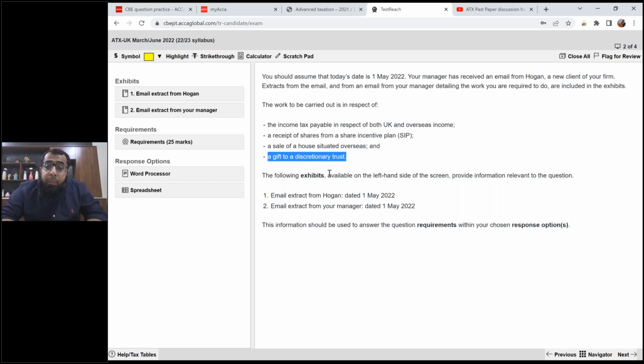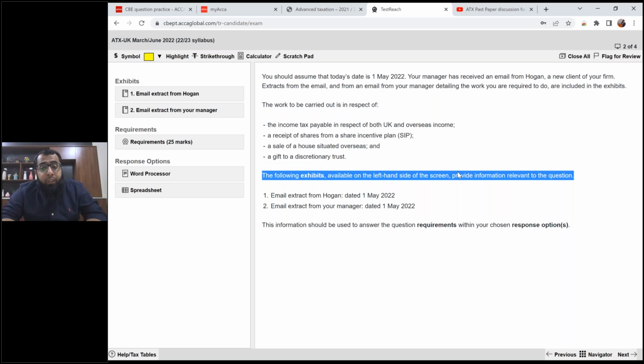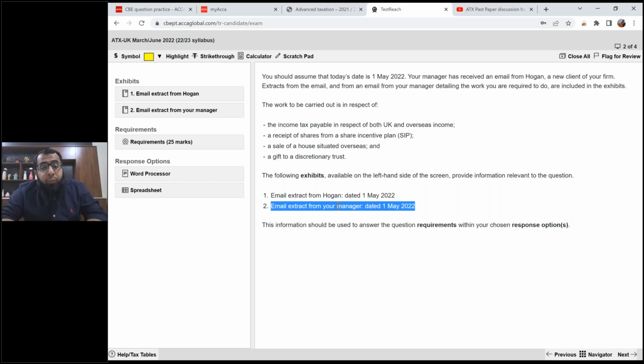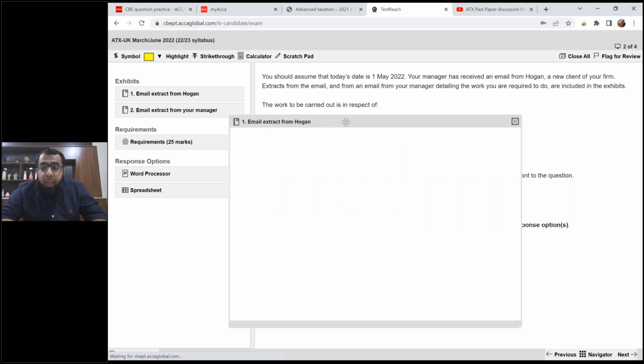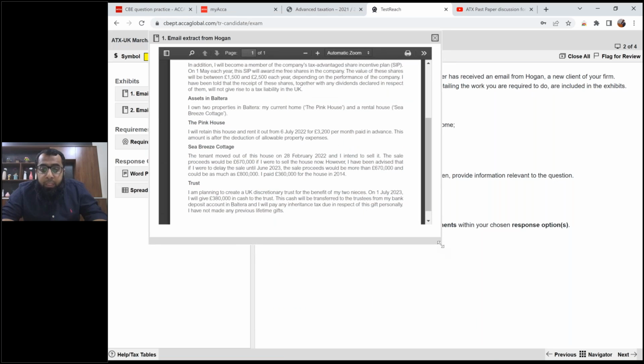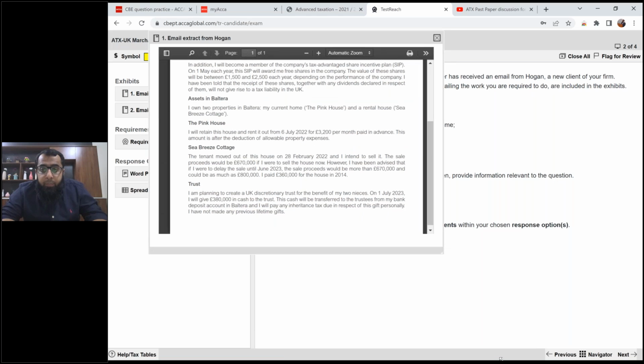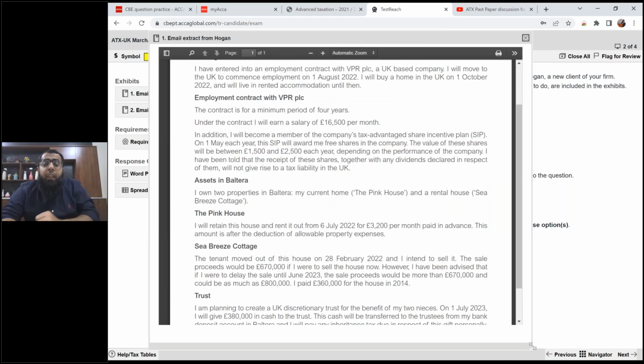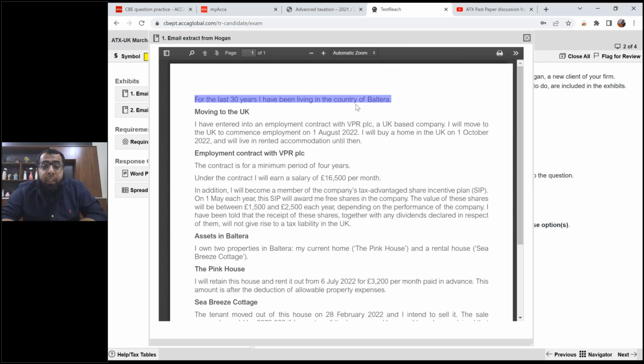The following exhibits available on the left-hand side of the screen provide information relevant to the question: an email extract from Hogan and an email extract from your manager. Okay, so let's look at it. Now, let's read it. For the last 30 years, I have been living in the country of Baltira.